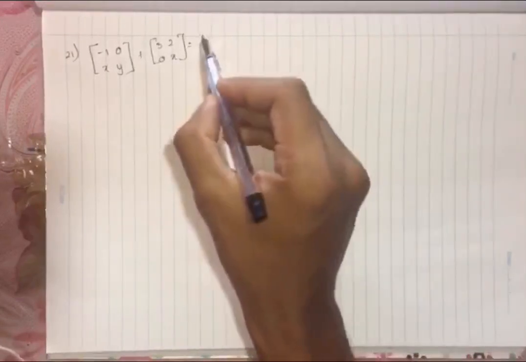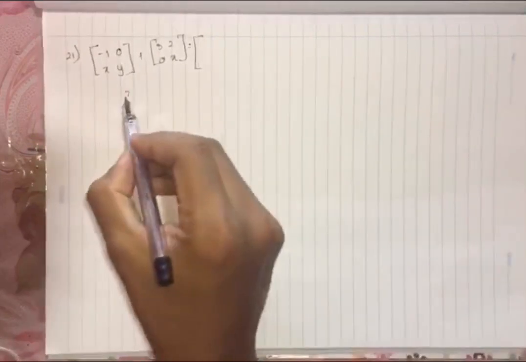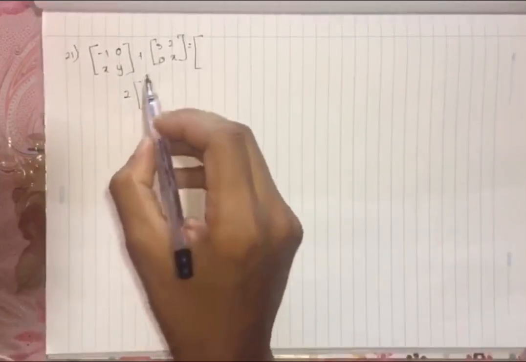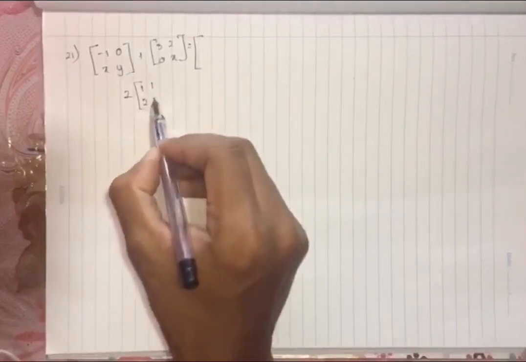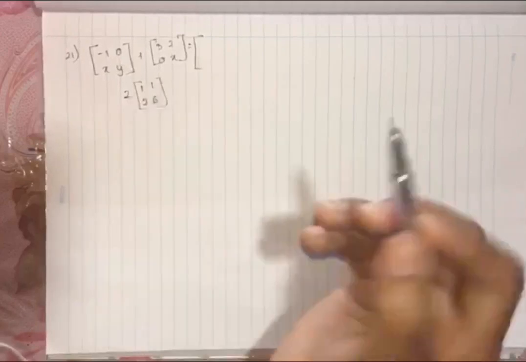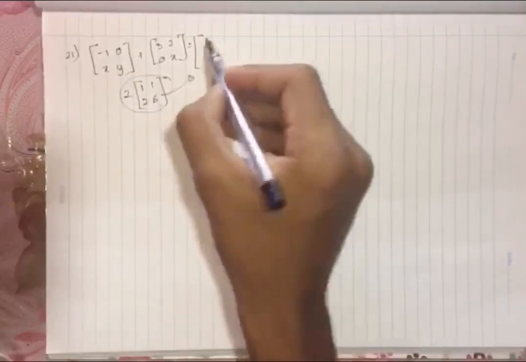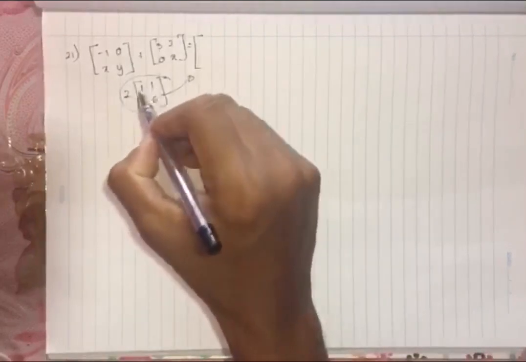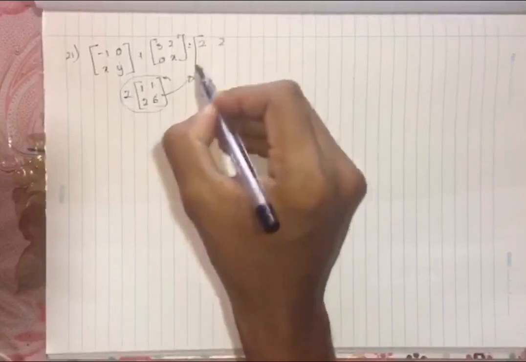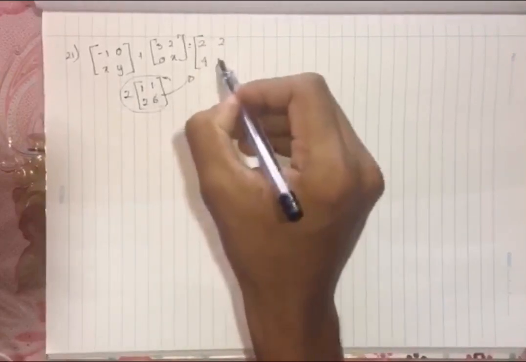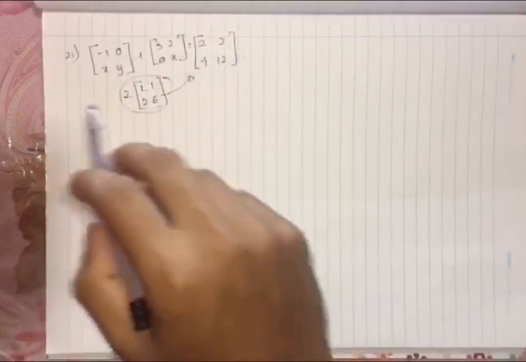So straight away I will multiply and then write the answer. When a matrix is multiplied by a number in front, you got to multiply each of the elements by the number in front. You got to multiply each of these elements. 2 into 1 will give you 2, this is 2, 2 times 2 will give you 4, 12. Now this looks like an equation.